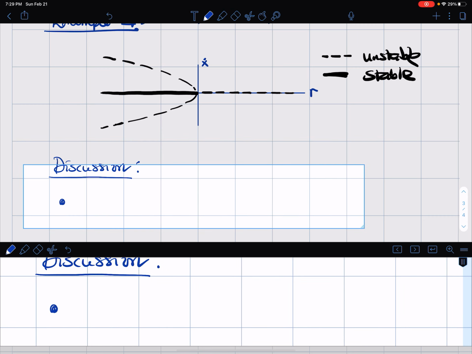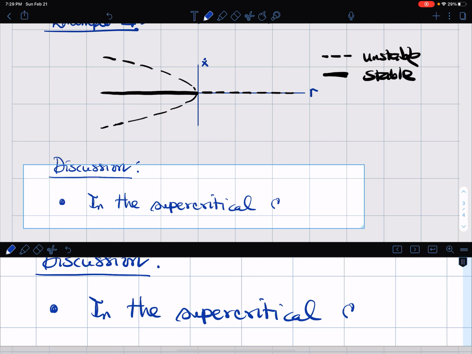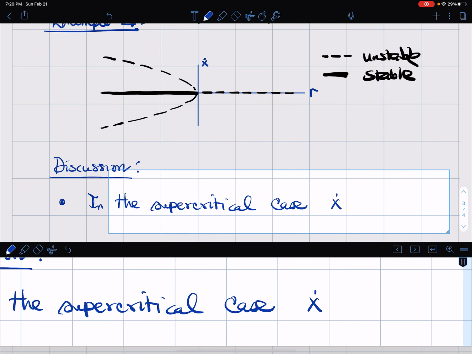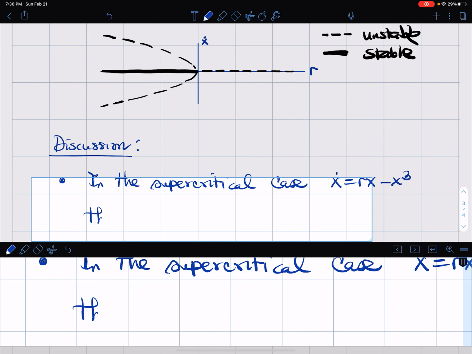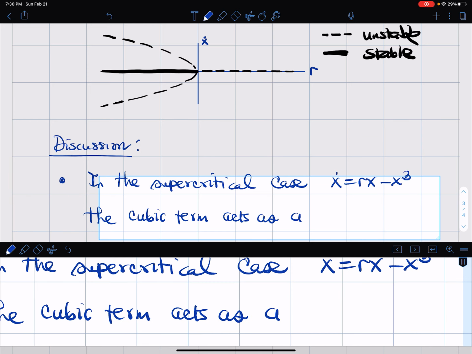So in the supercritical case, and the case we looked at was x dot is equal to rx minus x cubed, the cubic term acts as a stabilizer. It acts as a restoring force that pulls x back towards 0.